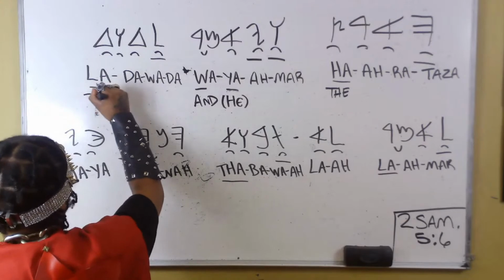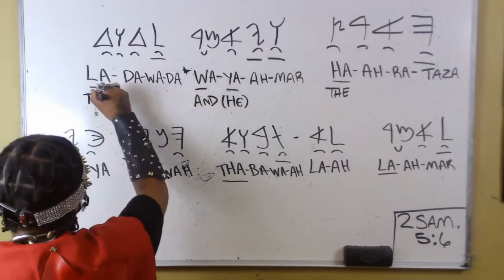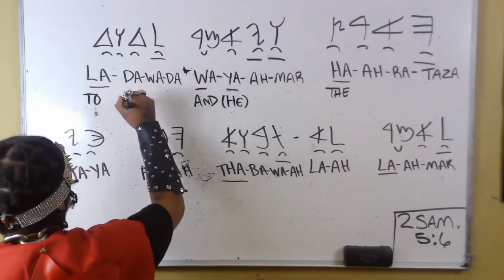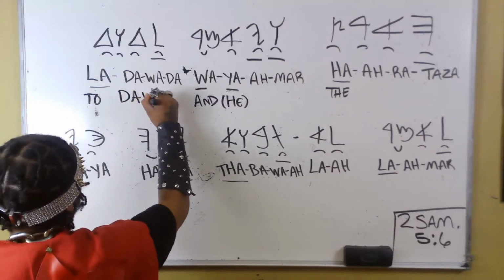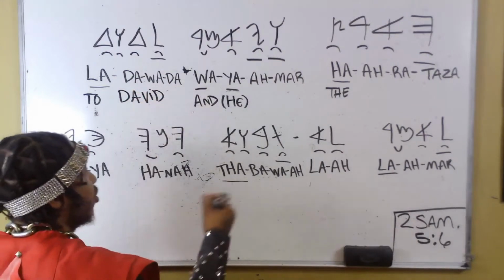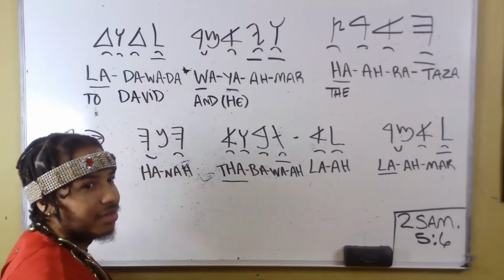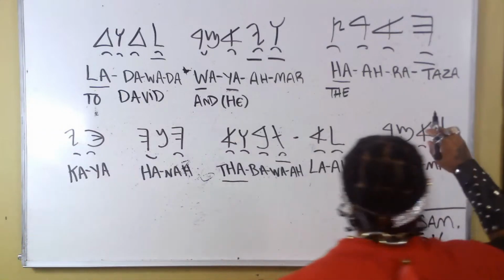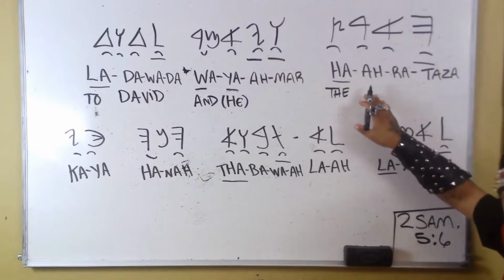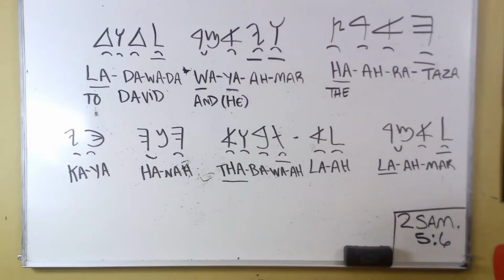La at the beginning is to. I'm not going to say unto. It's to, and then Dawada is David. And we can remember Aratazah. The word Aratazah, what did it mean? It meant ground. We put the marker back in. It meant ground, it meant land, and it meant earth.